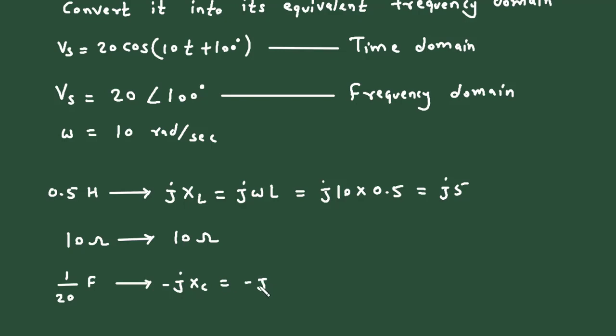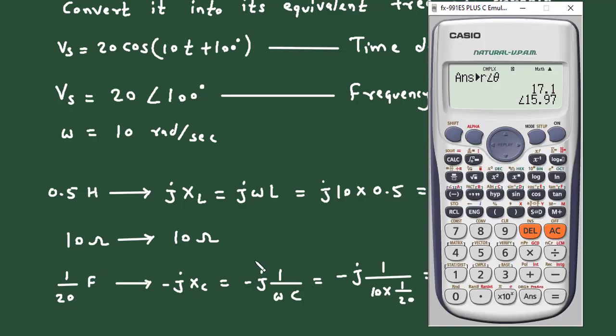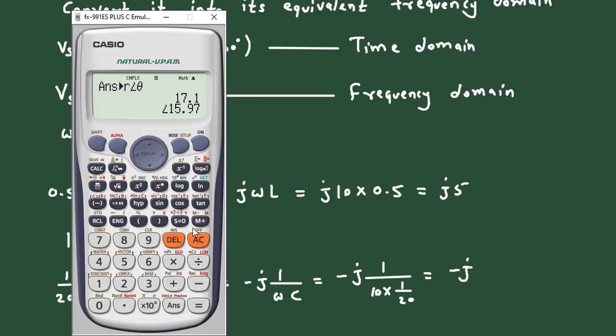So this will be minus j 1 upon omega C. So minus j 1 upon the value of omega, which is 10, and the value of capacitance, which is 1 by 20. If we simplify this, it will be 1 upon 10 into 1 by 20. So it is 2.